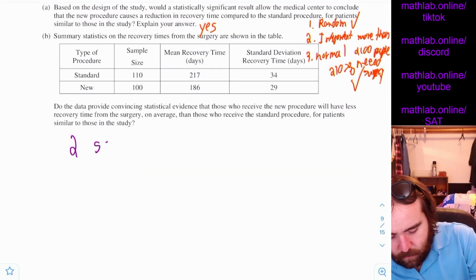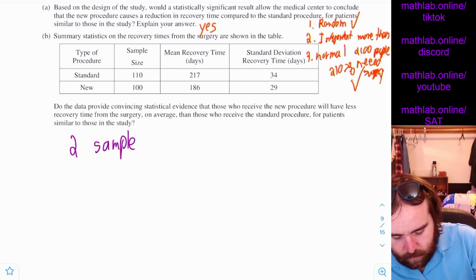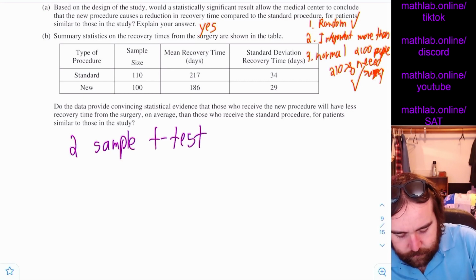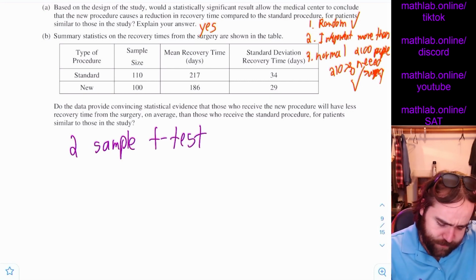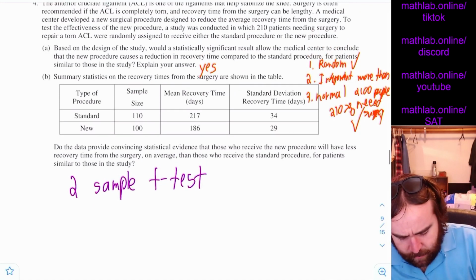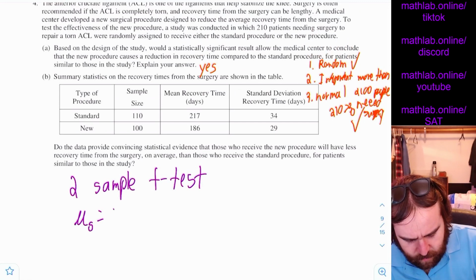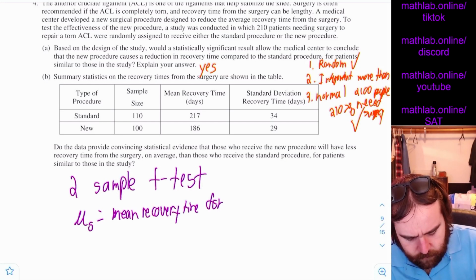It's a 2-sample t-test where we're going to say that mean standard is the mean recovery time for the new procedure.